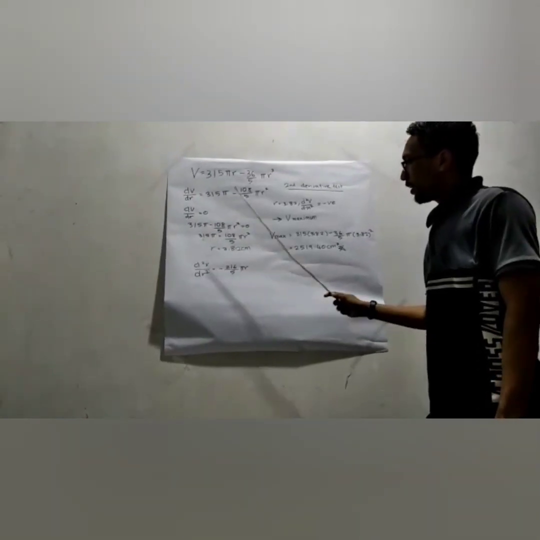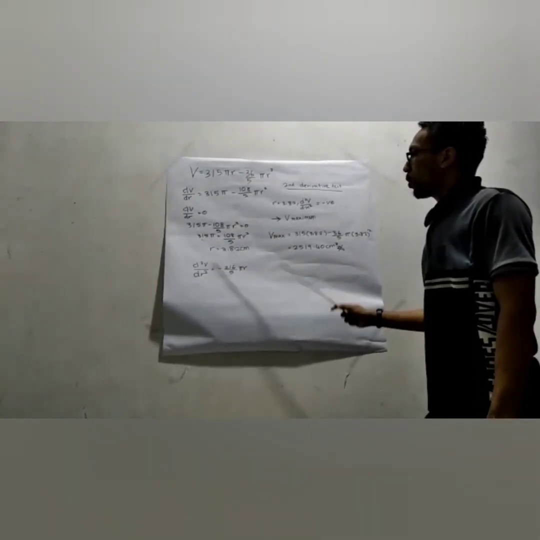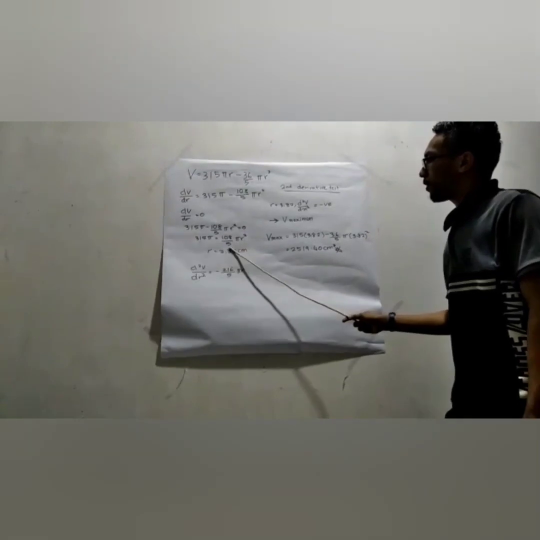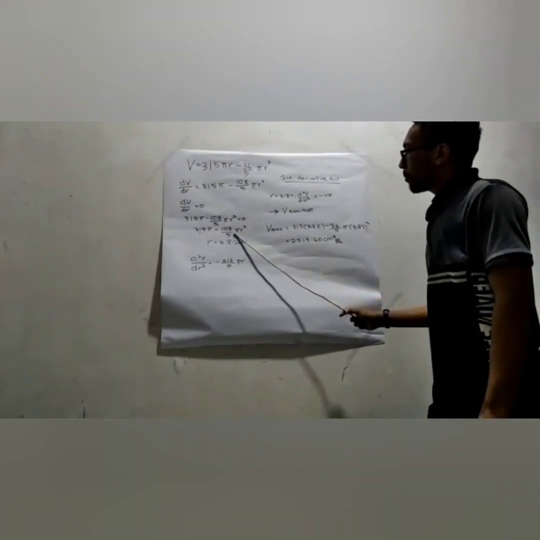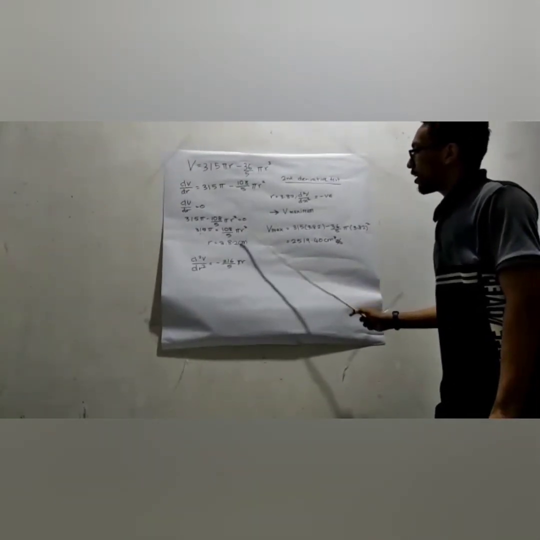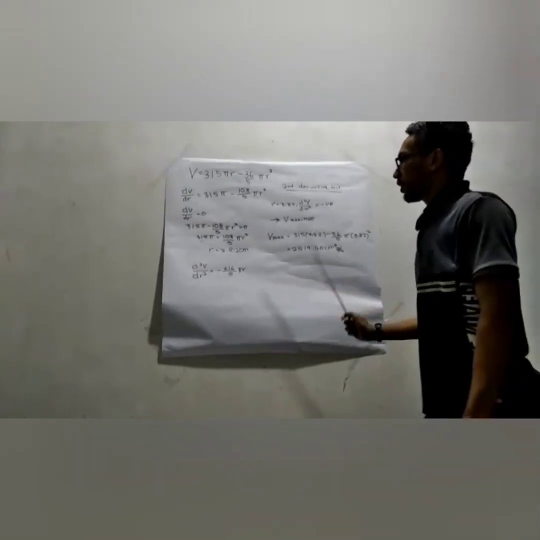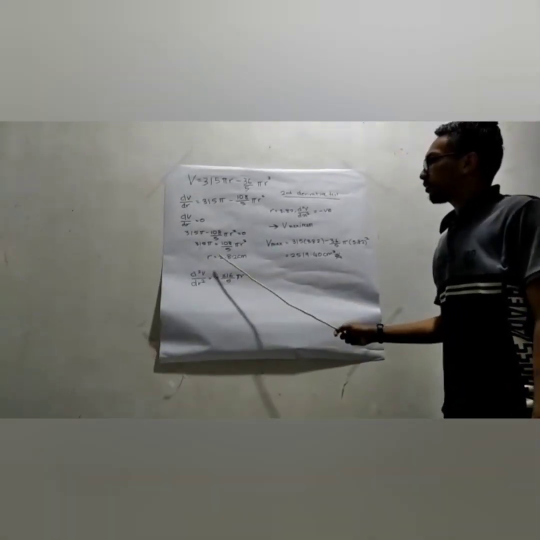315 pi equals 108 over 5 pi r squared. So r is 3.82 cm.